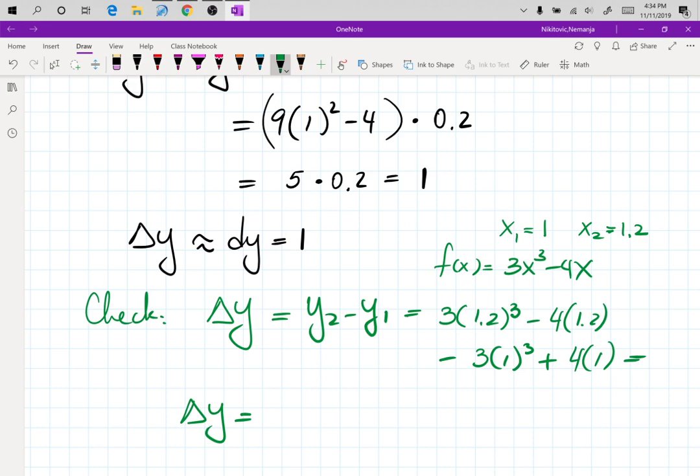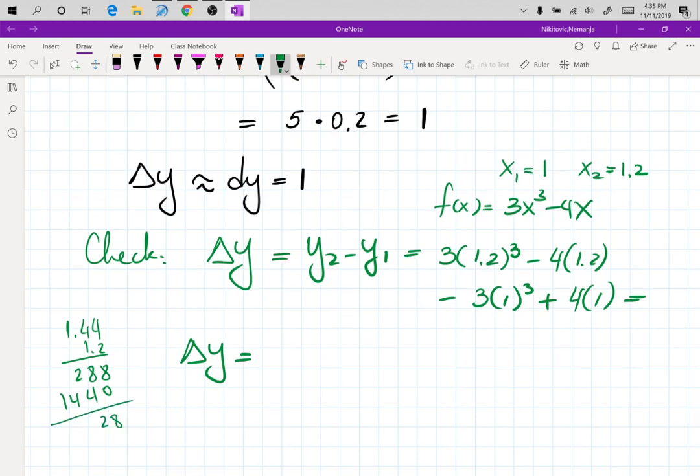1.2 times 1.2 is 1.44. And then times 1.2, it's going to be 3 decimal places. So that's 1.728.